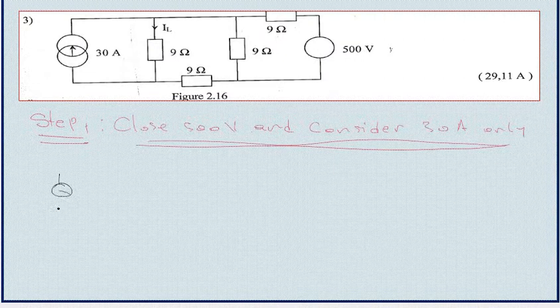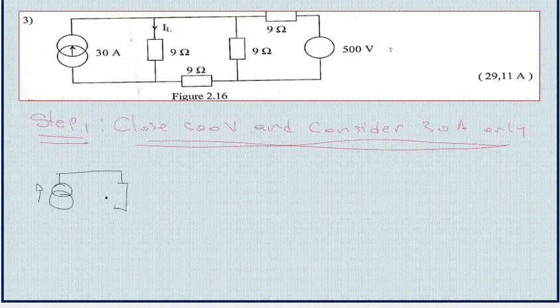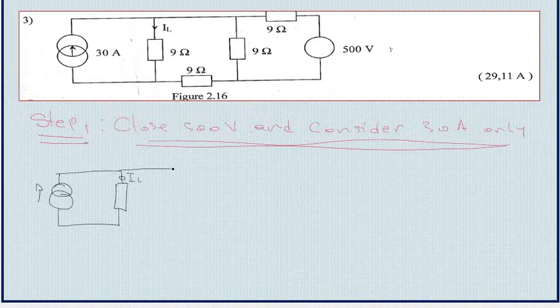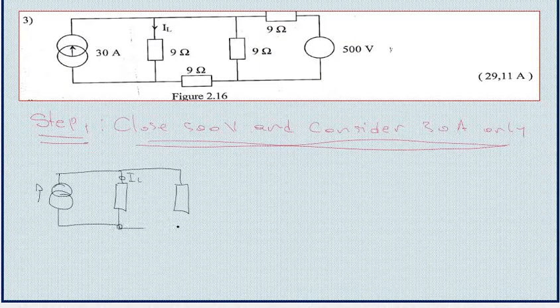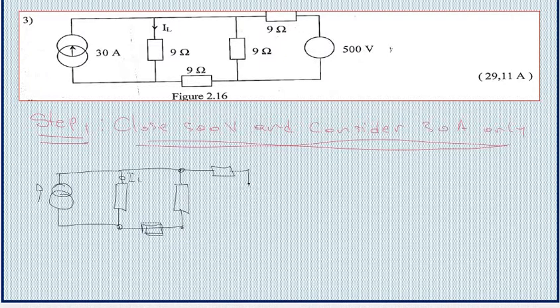We have the source of current, here we have a resistor, and then we have another resistor, and here we won't have any source of voltage, so we'll just make a straight line.